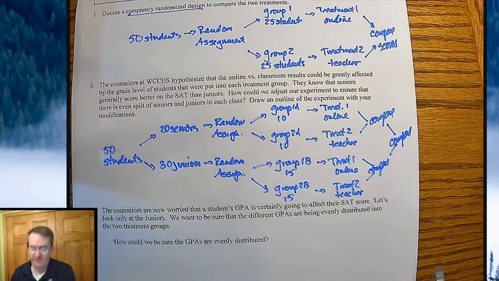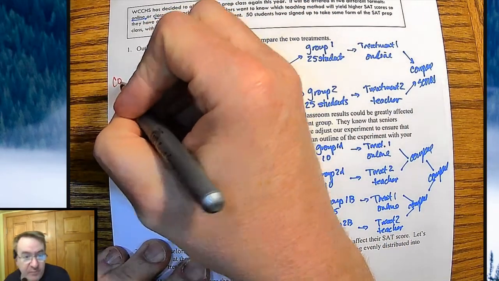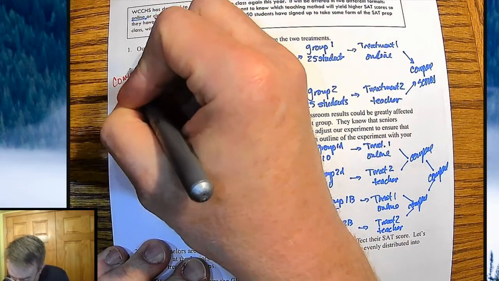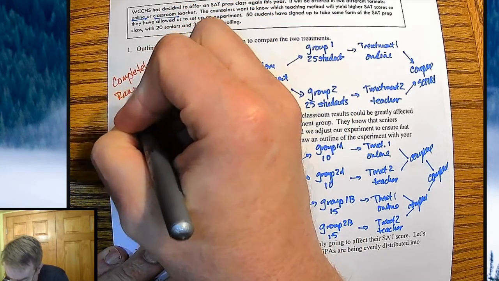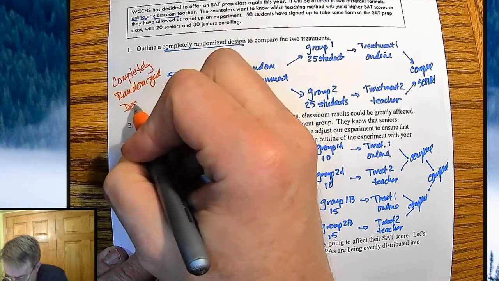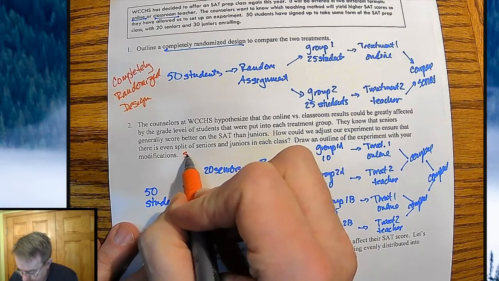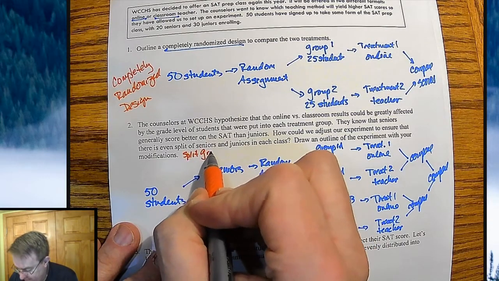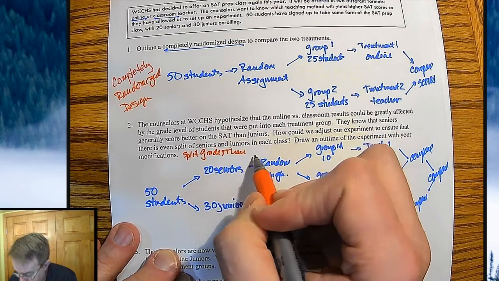All right. This up here, as we talked about, is a completely randomized design, as it was said up here. And then down here, remember what we did. We split it up by grades first, and then random.